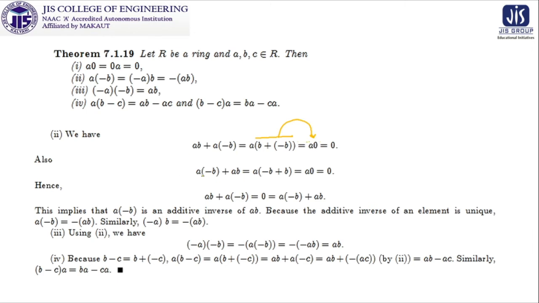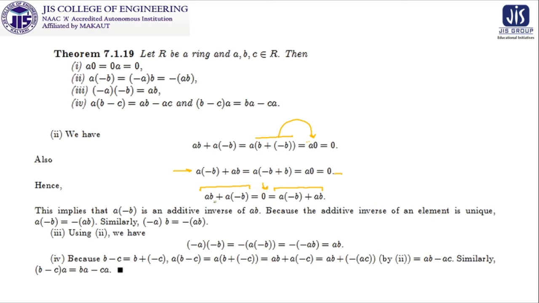And also we can start it from the reverse direction and we get 0. So we can claim that AB plus of A minus B is equal to A of minus B plus AB is 0. So this implies that A of minus B is an additive inverse of AB, because we are adding it and we are getting that additive identity.